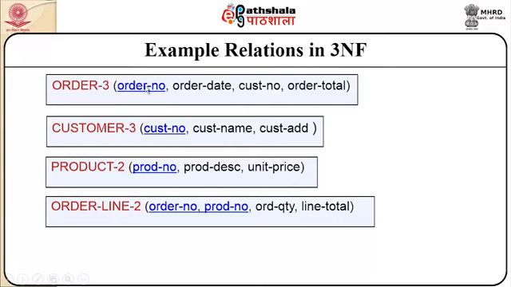So, if you look at all the 4 tables, they are related by the primary key. Order number is related to order number and product number of order line, and product number of this relation is related to product number of the other relation, and customer number is mapped with order 3. So, each and every relation has got a primary key link associated with it.